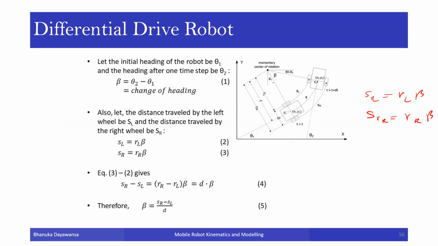But beta is not changing, right? The angle is not changing. Then finally, the entire curve created by the robot is equal to R times beta, right? So we got these angles, and beta is actually the change of heading. So simply you can see it's theta2 minus theta1, right? That's how you get beta.